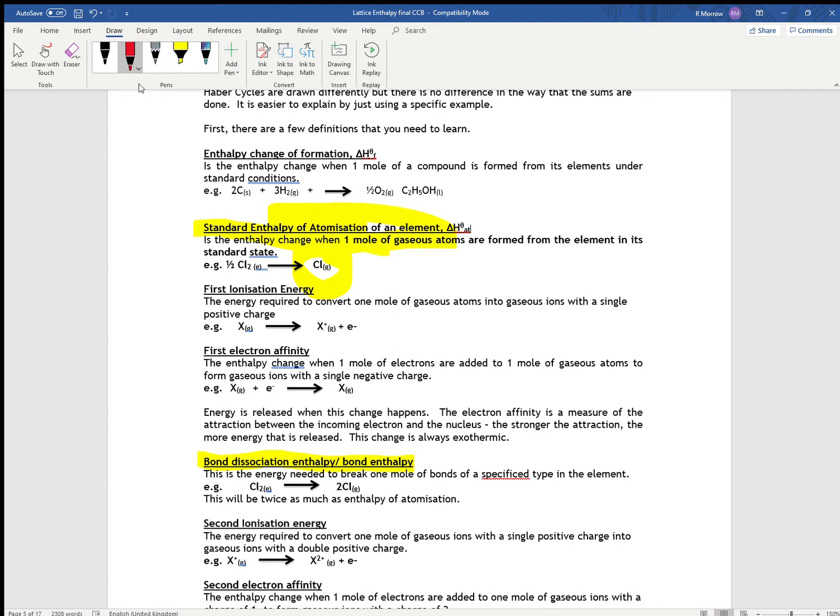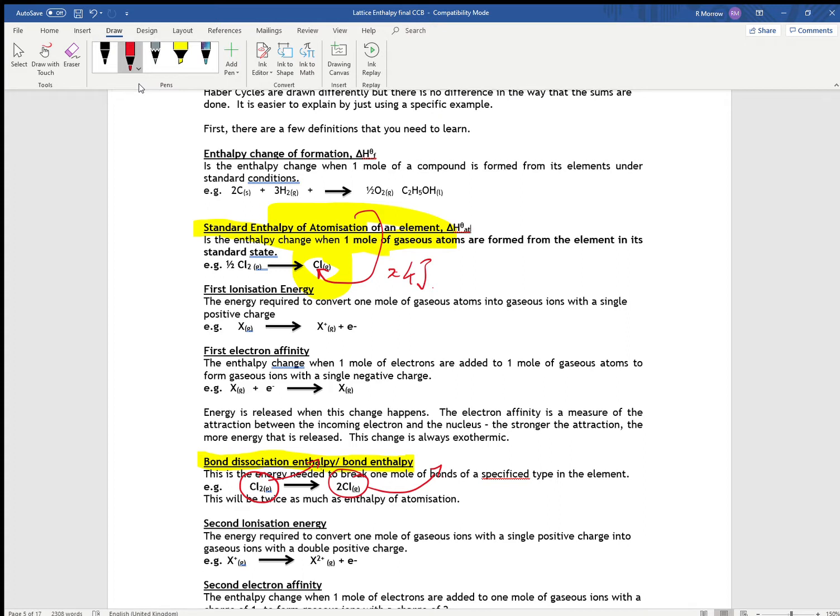Specifically, atomization is only ever the energy involved, let's say it might be X kilojoules, to make 1 mole of gaseous atoms. The bond dissociation energy also makes gaseous atoms from gaseous molecules, or from the element, but it makes 2 moles of gaseous atoms for something that's diatomic, for example.